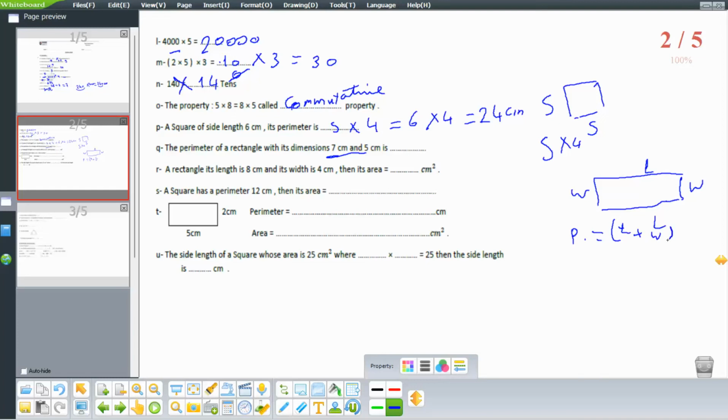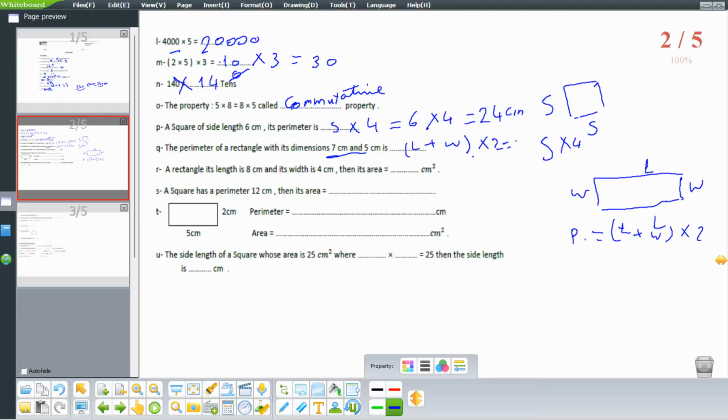length plus width times 2. We know we have three formulas to calculate the perimeter of a rectangle: length plus width plus length plus width, or length times 2 plus width times 2, or the famous one, length plus width times 2. So here we are going to use length plus width times 2.